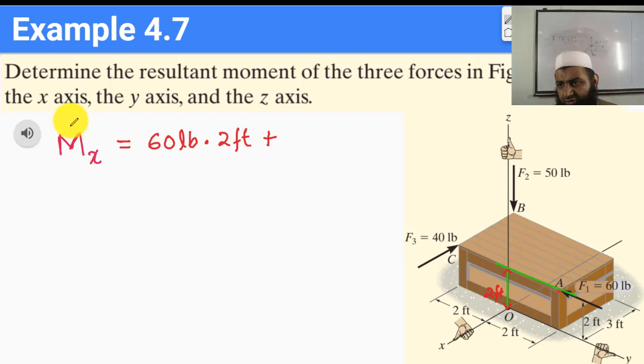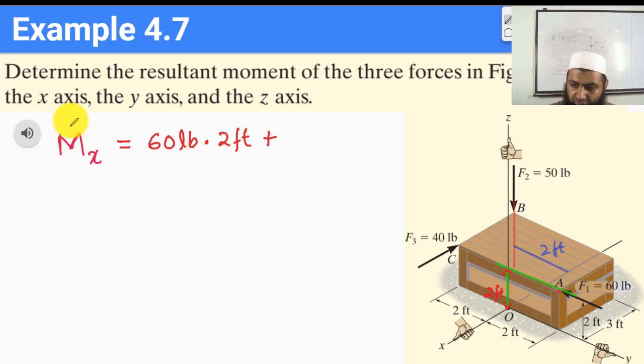To understand why this is 2 feet, we can draw the line of action of this force like we did before, and we see that the line of action of this force is acting vertically downwards, and so the perpendicular distance is this line I am drawing in blue, from here to here, and as we can see, this distance is equal to 2 feet.